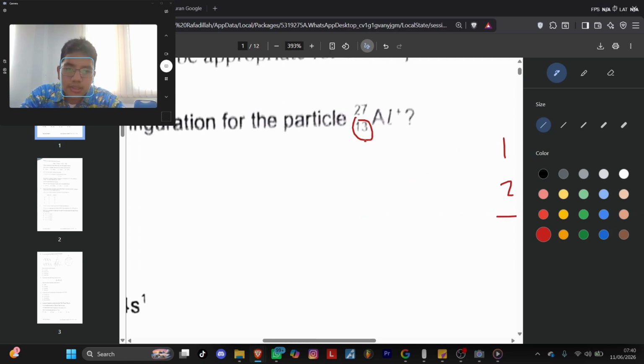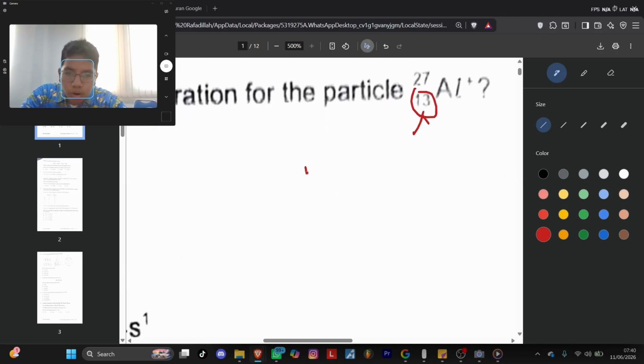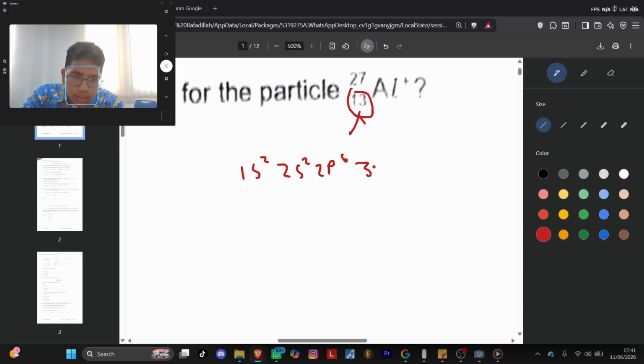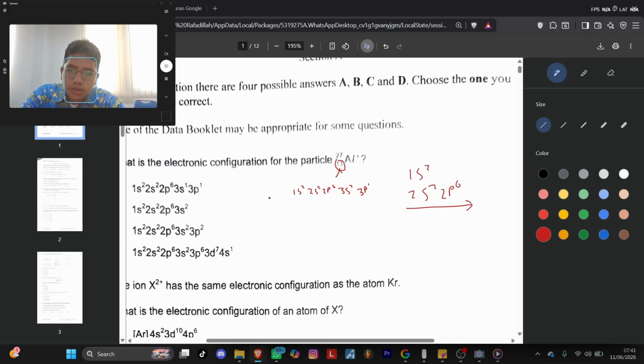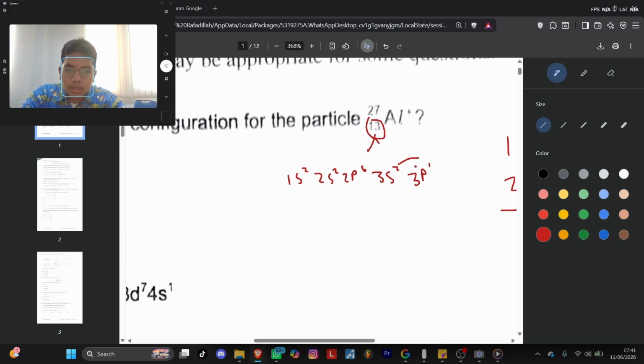So from this electron, we can say that this has an electron configuration of 1s2, 2s2, 2p6, 3s2, and 3p1. Okay, so the electron configuration for Al is 1s2, 2s2, 2p6, 3s2, and 3p1.